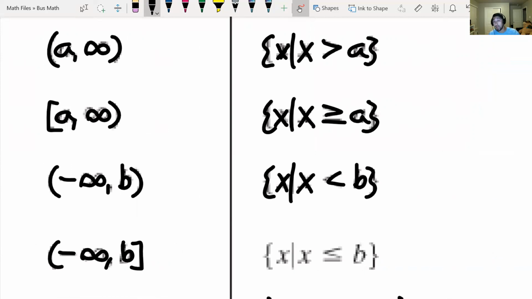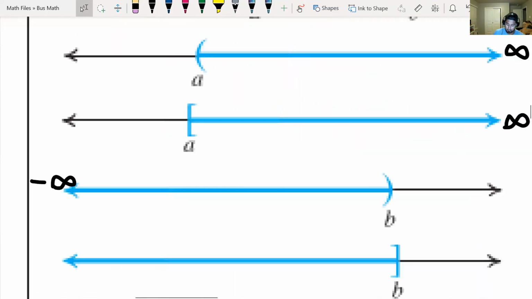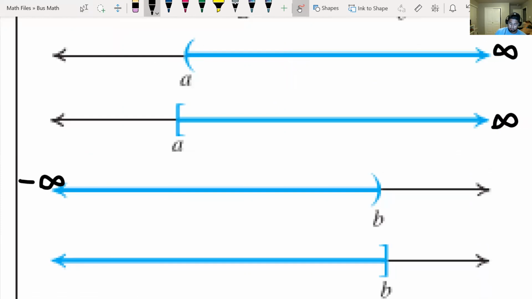Negative infinity to bracket B means that for all x values such that x is now less than or equal to B, which means that the only difference from this one and the one above it is that B is included. So there it is, negative infinity to B, bracket B, which means it's now included.